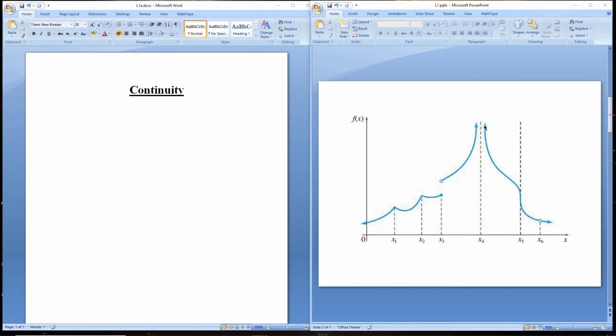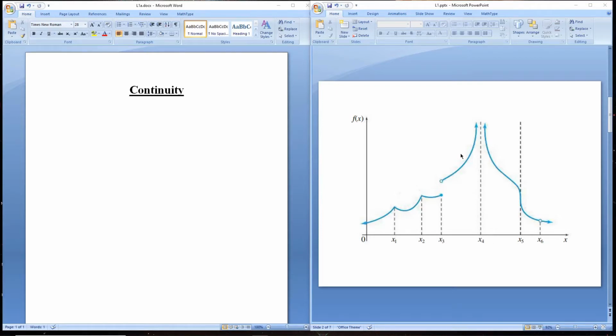And if we draw the rest of the line, so we can draw this down, and then we get to this hole, and we would have to pick up our pen to go around this hole to start drawing again. So a hole is a point where we would have to pick up our pen, and a hole is discontinuous. So at x sub 6, we would have a discontinuity.